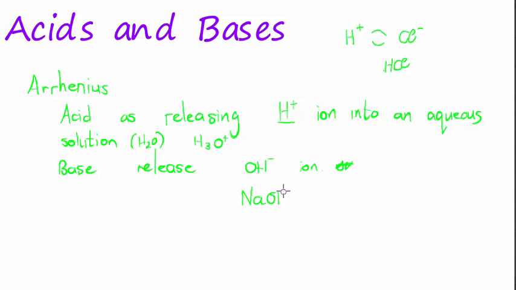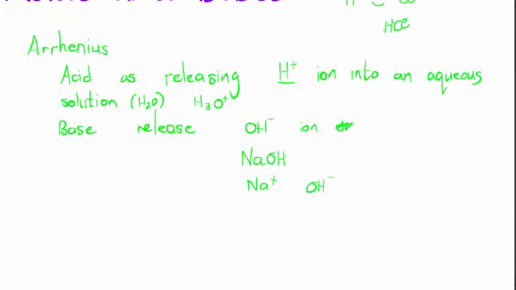This is a very strong base. We'll look at the definition of strong and weak bases just now. Here you can see that we've got sodium that's in column 1, so it will have a 1 positive charge, giving away its electron, and it gives it to hydroxide, which then becomes 1 negative.